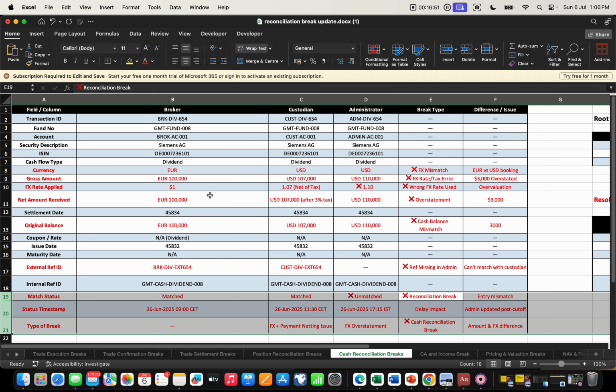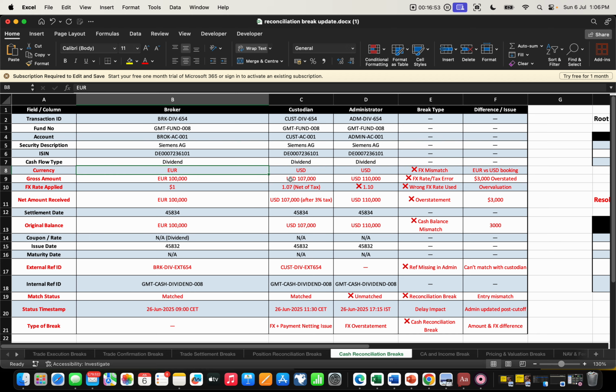First, try to understand this: the broker is reflecting in euro, but the custodian and the administration are reflecting in USD currency. Due to that an FX rate gets applied, so a difference between the euro and USD booking will happen. The gross amount also changes because the currency changes, since every currency's base value is different.